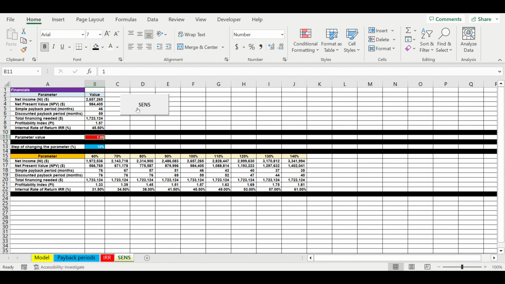Now we can go back, press sense button again, and see what will happen with our financials. So we can also increase, for example, the step of changing. So we can see here new values.